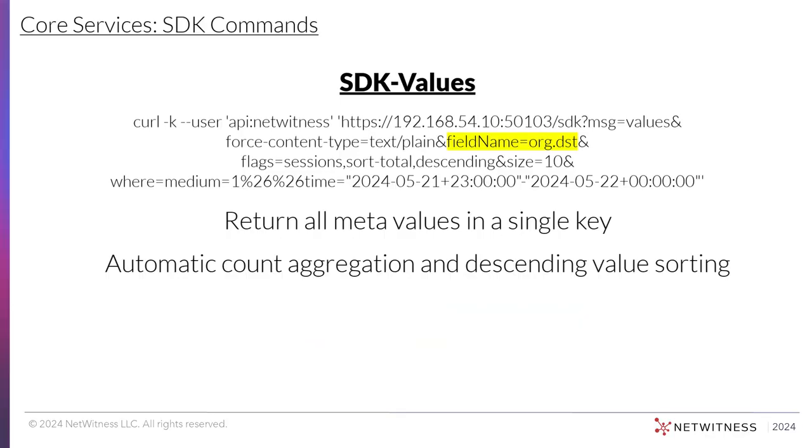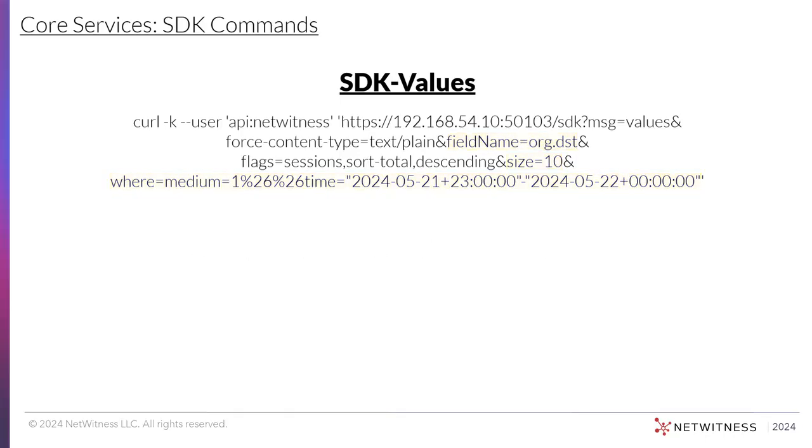The field name parameter is how you specify which key to get the values for, and you can filter down the results by passing in a where clause, which is the same concept as we described for other calls. You can also pass in a size to limit how many rows are returned, but there is no stream limit parameter because it's not applicable to how SDK values works in terms of grouping.